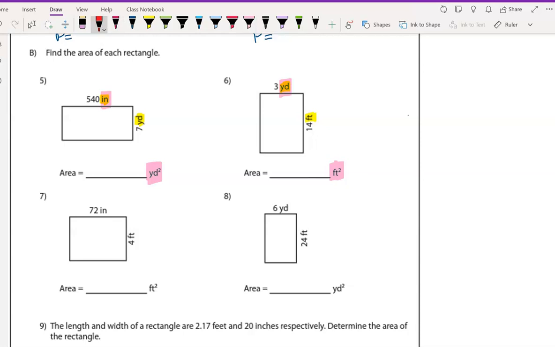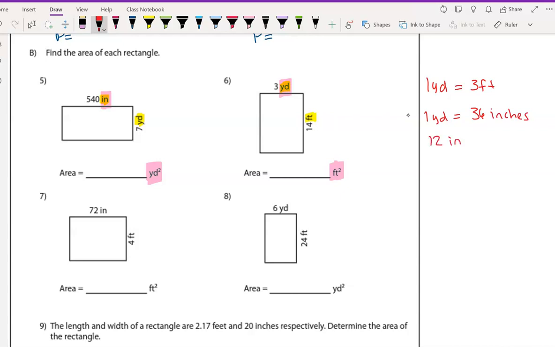So just doing a simple Google search will tell you how many yards are in 540 inches. So 1 yard equals 3 feet. I know that 1 yard equals 36 inches. These will also help you. You can confirm them in Google if you need to.